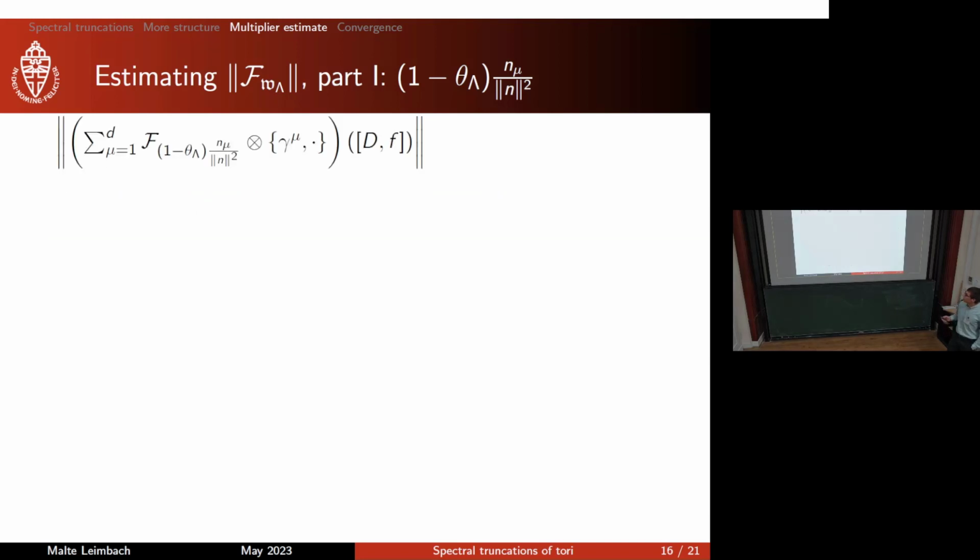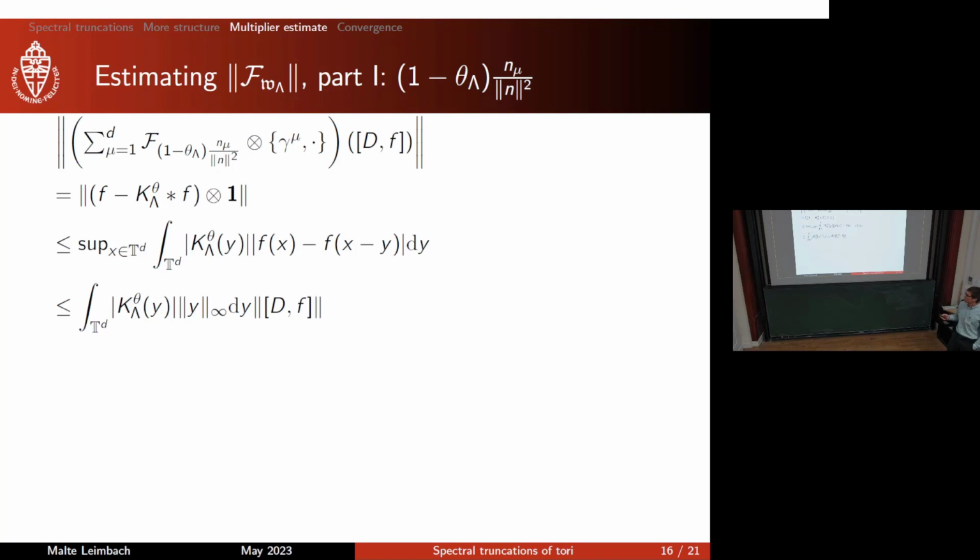And now let's look at this operator again. You can sneak in this convolution kernel there by doing the computation I showed you on the slide before, backwards. That's just what we do. This is a very simple estimate. And then you see that this is what you get. Here you can pull out the Lipschitz constant of your function f.